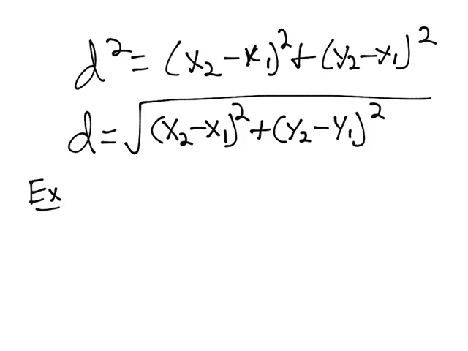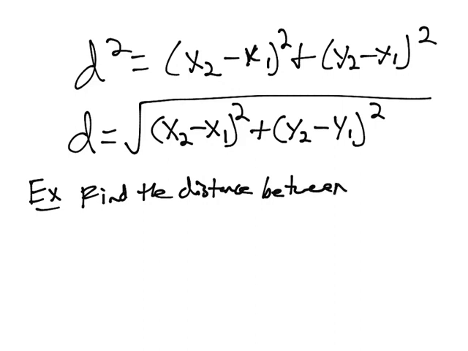For example, if we wanted to find the distance between the points negative 2, comma 3 and 4, 7, I'm just making up numbers, then we can find that distance.